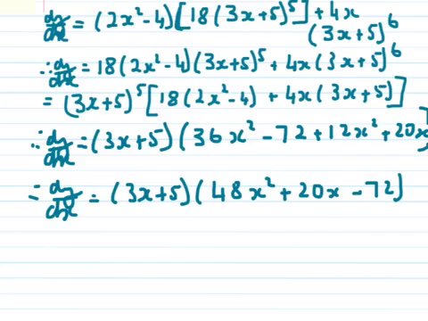Okay, and also what I've noticed is I left out the power of 5 there, didn't I? So let's just put it back in, and that should be that example. Yes, I could take some common factors out there, numeric ones, but I'll leave it as is.